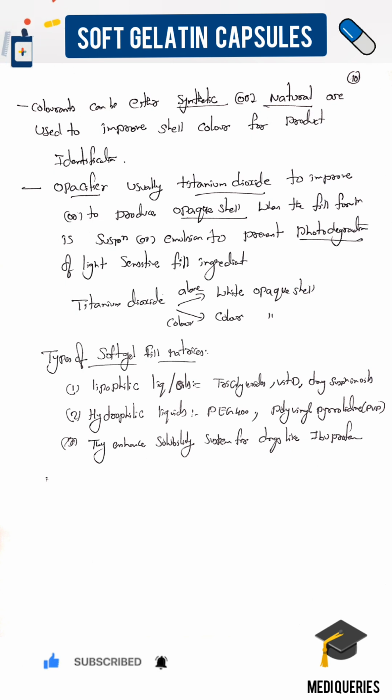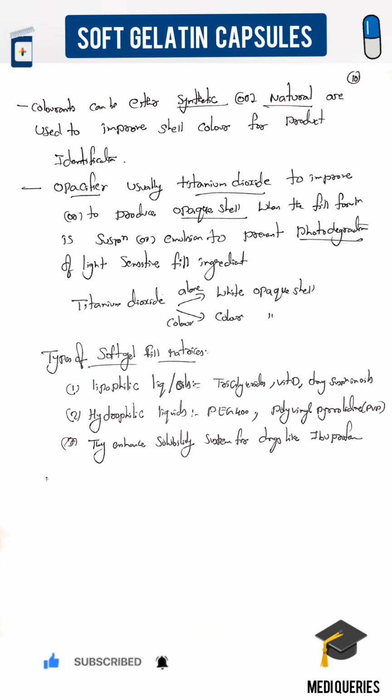Usually titanium dioxide is used to produce an opaque shell when the fill formulation is a suspension or emulsion, to prevent photodegradation of light-sensitive fill ingredients. Titanium dioxide used alone gives a white opaque shell. If it is used with a coloring agent, we get a colored opaque shell.